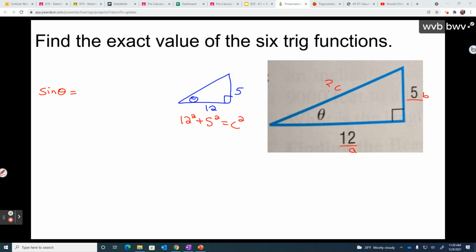So we get 144 plus 25 equals c squared. Yep, 169. C squared, square root, and c is 13. That's our missing side. Let's just go ahead and write it up there.